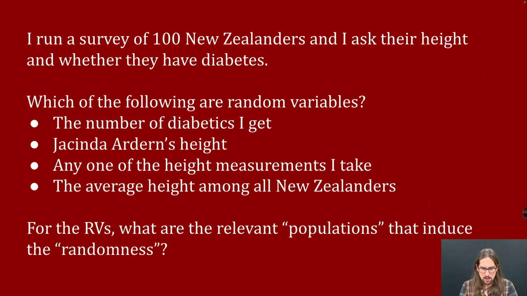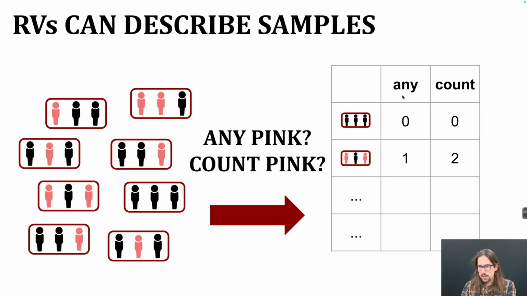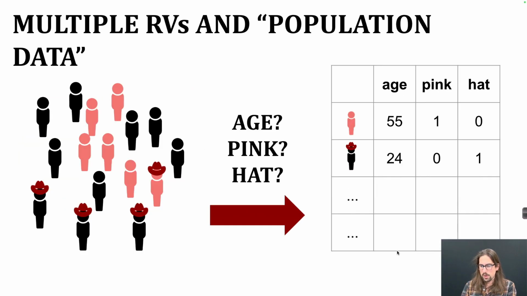So let's do the third one first. I think this is the easiest. Any one of the height measurements I take, is that a random variable? Yeah. Since I'm surveying 100 people, I don't know who I'm going to get. Any one of those height measurements is like one of the numbers in a column called height, and any one of those measurements is random.